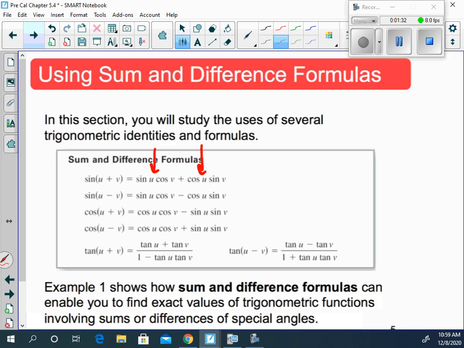Notice that there. So that's kind of the main difference. And when I'm trying to keep them straight, for sine, the operation in the middle is the same, and we're just switching the angles. Sine of u, sine of v.